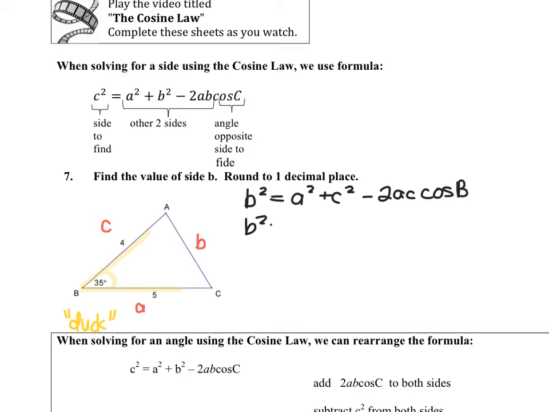So b squared equals 5 squared plus 4 squared minus 2 times 5 times 4 times cos 35.